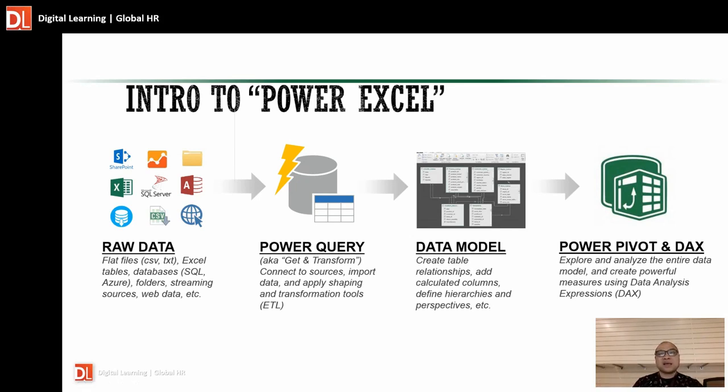That means it is not well structured, and it is very difficult for us to do data analytics. So that's why we use Power Query to retrieve the raw data from the data source, then tidy it up and make it more structured and easier for us to do data analytics.